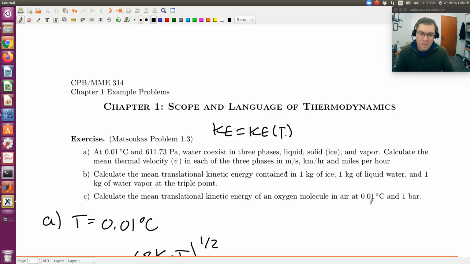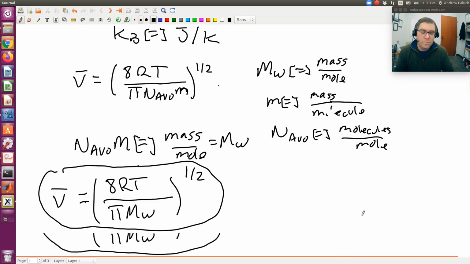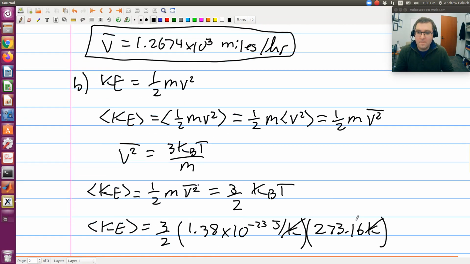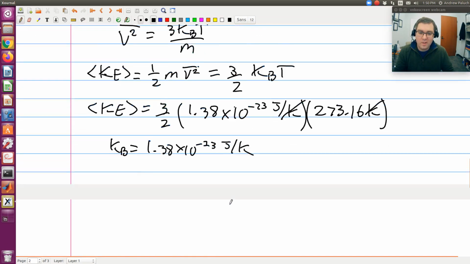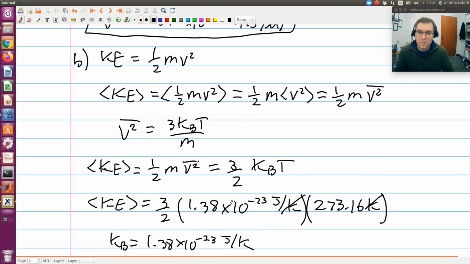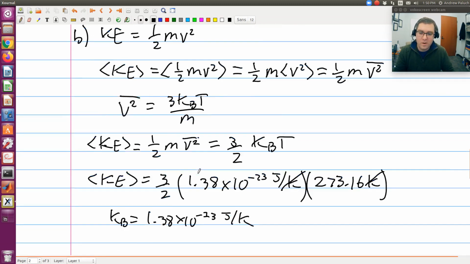So actually, I don't need to do anything, because in B, the first thing we did is we calculated the kinetic energy per molecule, and we found that that was equal to 3/2 kBT. So it's only a function of temperature. Mass and pressure don't factor in at all.